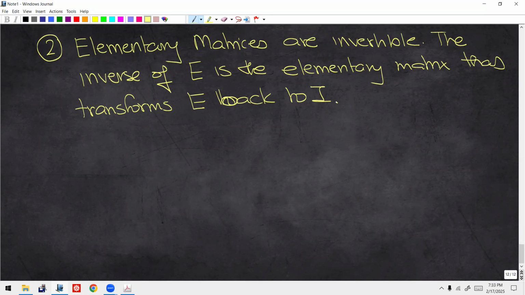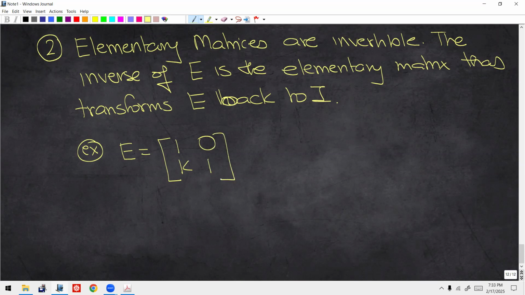So let me give you an example of that. Let's say that I have this elementary matrix, E is equal to 1, 0, K, 1.